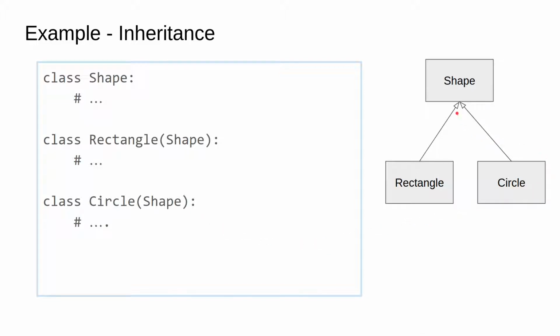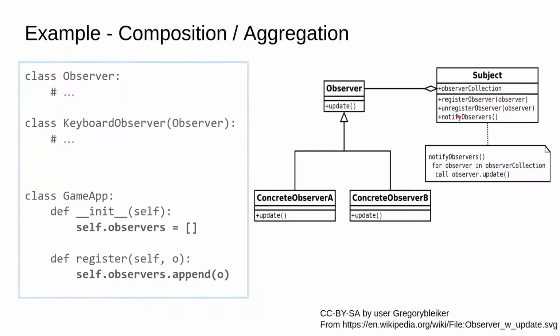So you describe it this way using this kind of symbol. Okay, and another one is called aggregation. It says that you have many things, like a subject has an observer collection, so it goes this way.